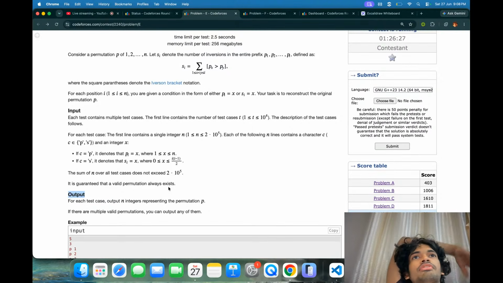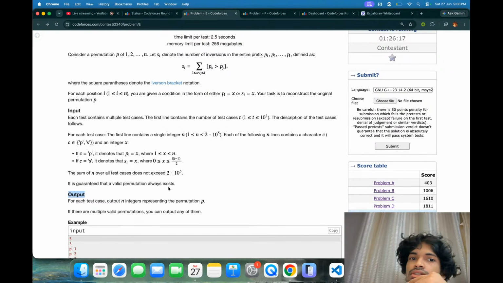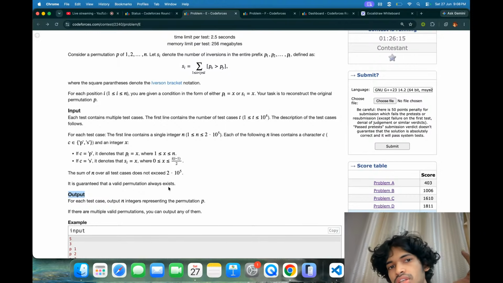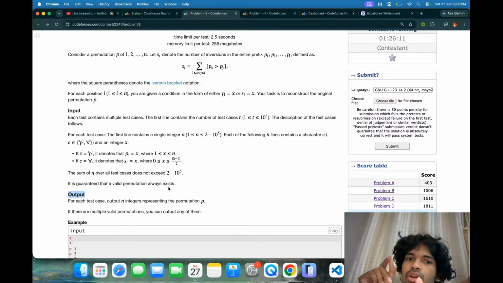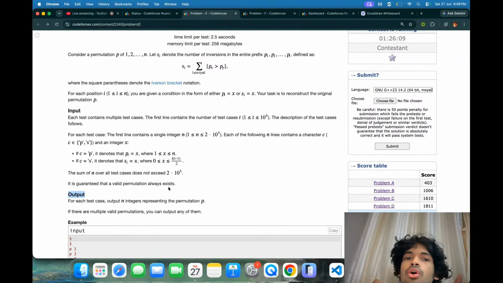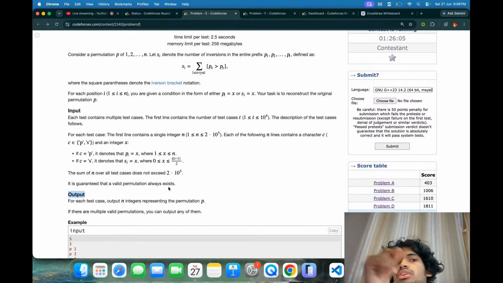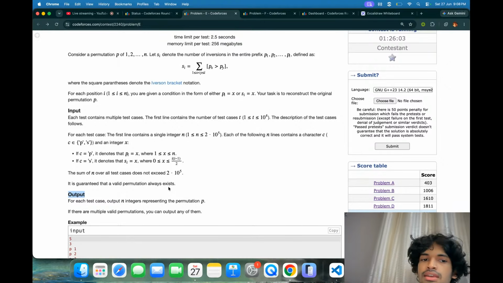You were only given that for all the prefixes. If you know all s's, then also you know the answer, because you know the number of inversions here, and here, which means you can know the number of things greater than this over here, so you can get the relative ordering for everything.